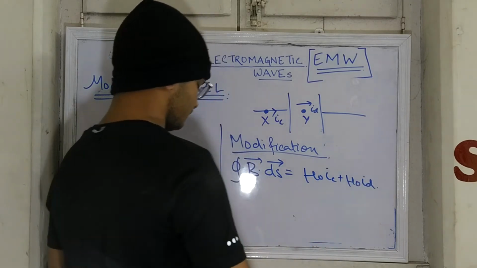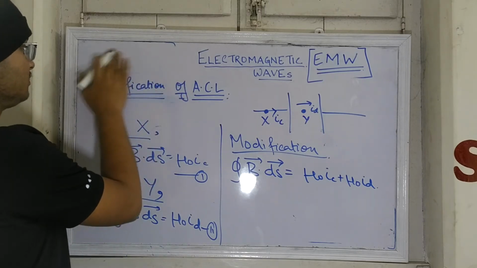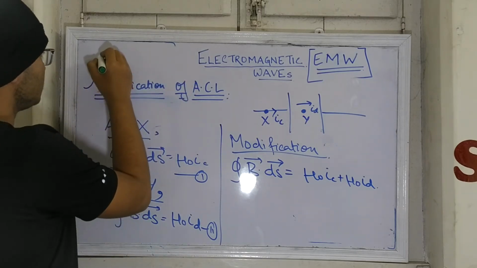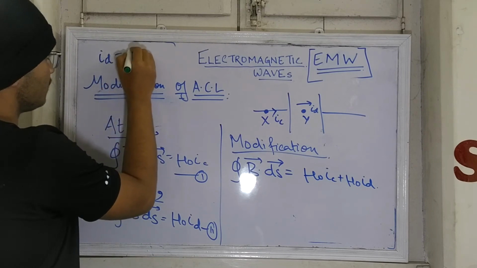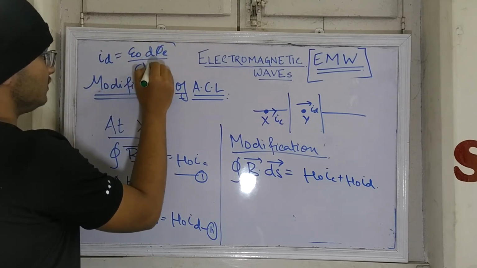This is what we found here, right? Now we can take mu 0 common, and we always know that ID equals epsilon naught d phi E by dt, right? I erased it by mistake. ID equals epsilon naught d phi E by dt.